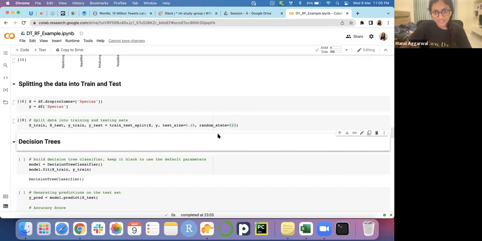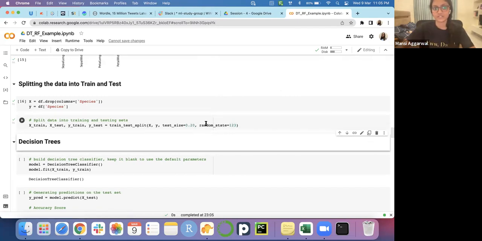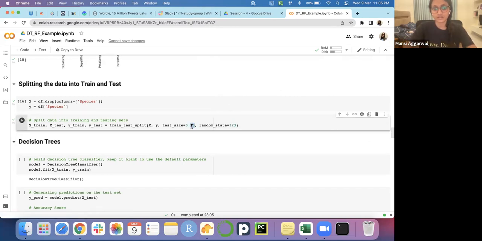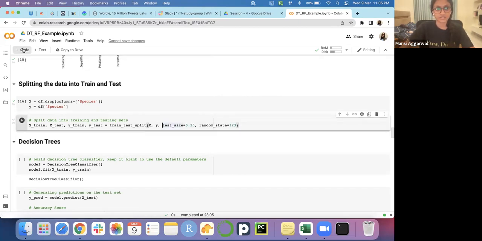Test size 0.25 means 75 and 25. 80, 20 would be the split if my test size were 0.2, but I'm keeping it 0.25, which gives me a 75, 25 split.